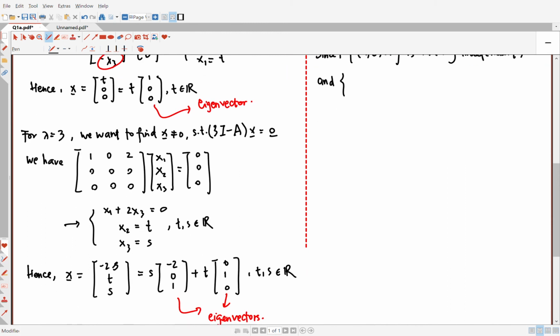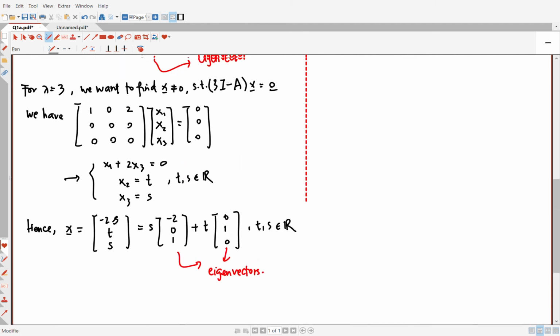And this set, containing these two vectors, is also linearly independent.